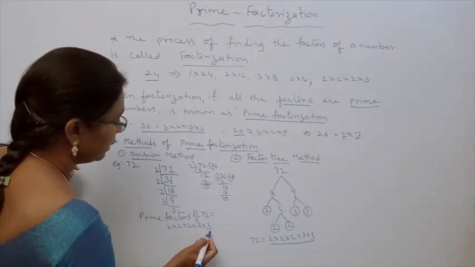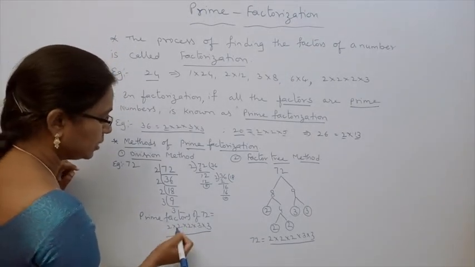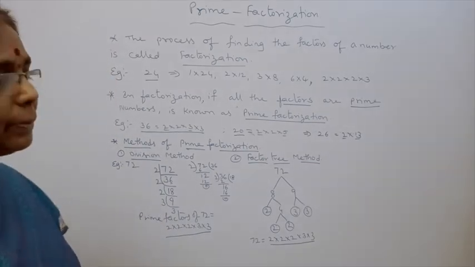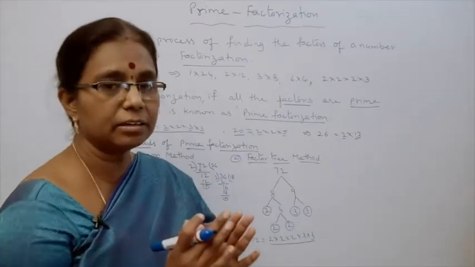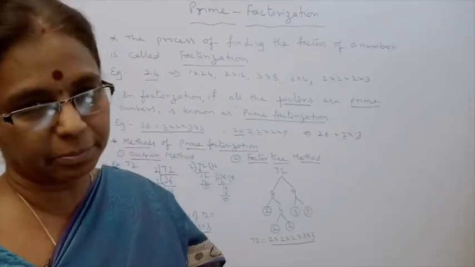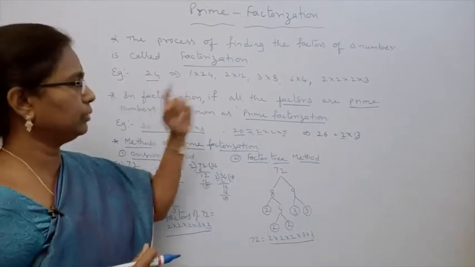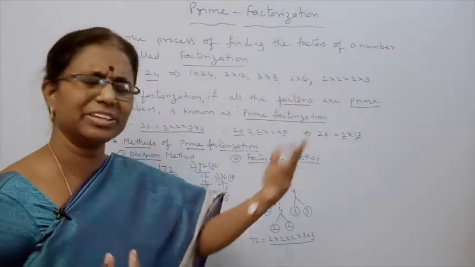Here, by the division method also, we got only 2 and 3. Then it is a prime factorization because 2 and 3 are prime numbers. Factorization means finding the factors of a given number, and in several ways we can do it. Example 24: 1 into 24, 2 into 12, 3 into 8, 6 into 4, 2 into 2 into 2 into 3. Several ways.